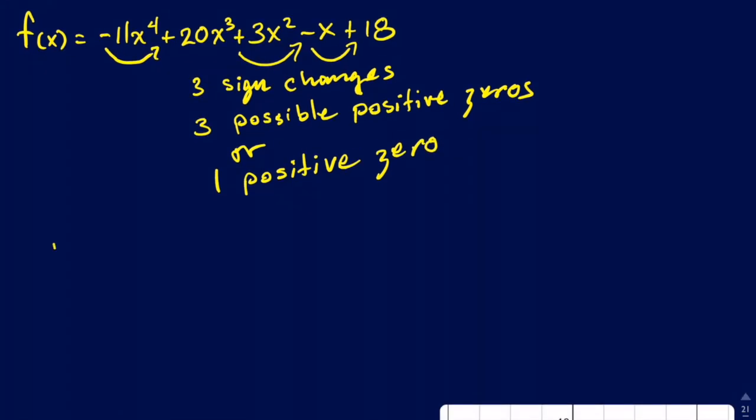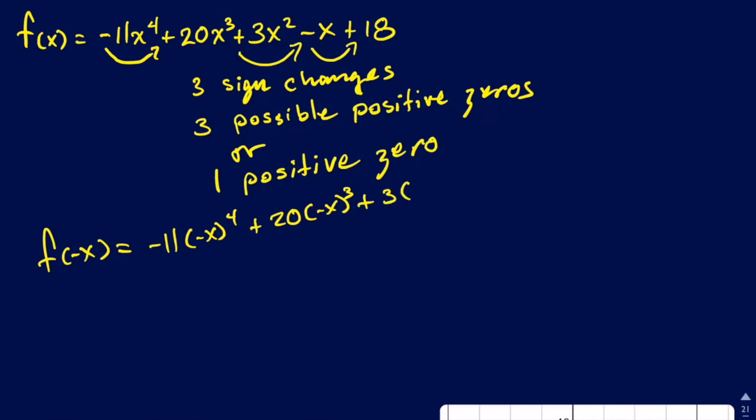And then f of negative x is going to be negative 11 times negative x to the 4, plus 20 times negative x to the third, plus 3 times negative x to the 2, minus negative x, plus 18. We're looking at f of negative x.